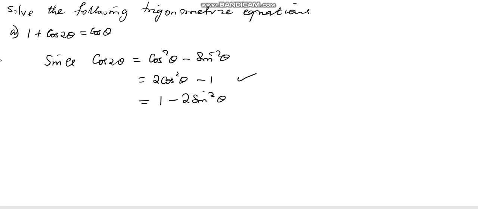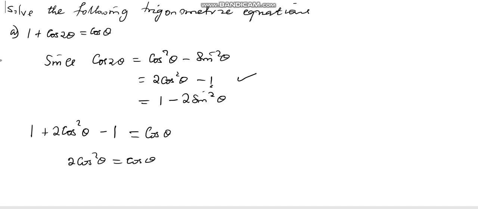So we have 1 plus, where there's cos 2 theta, we substitute with this identity. So 1 plus 2 cos squared theta minus 1 is equal to cos theta. Then 1 minus 1, we simply have 2 cos squared theta equal to cos theta.